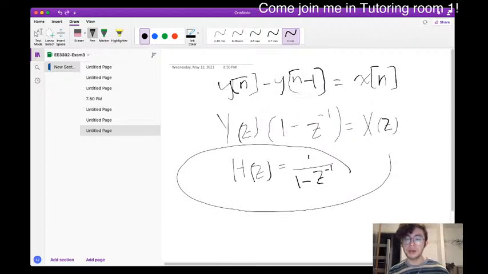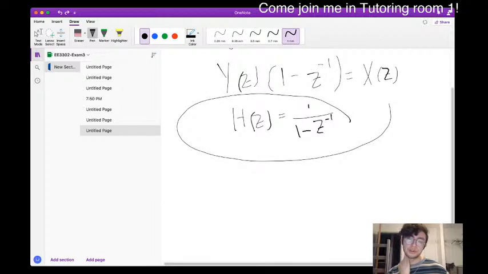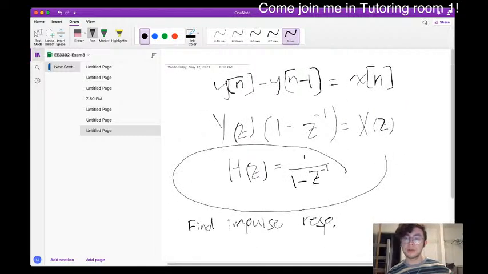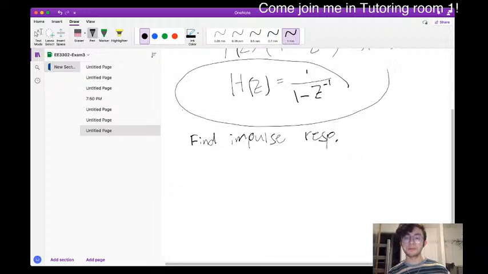So now, what do we do? Let's say you're told to find the impulse response. We have our system function, our transfer function, so we can take the inverse z transform, and we'll get our impulse response in the time domain.